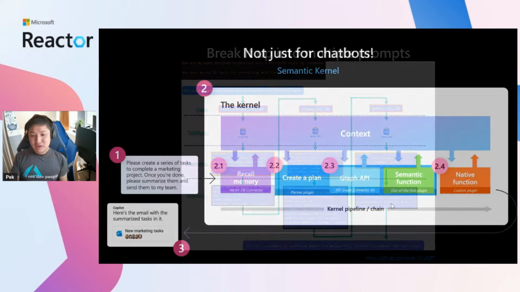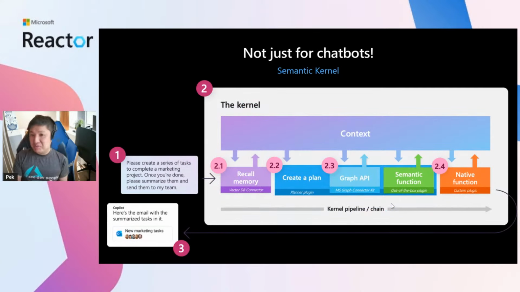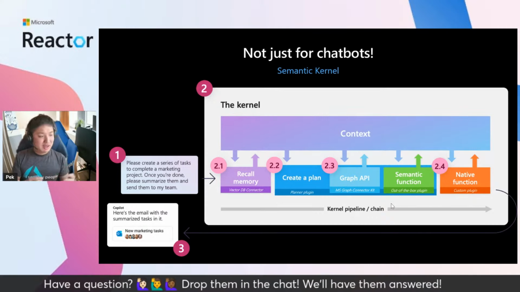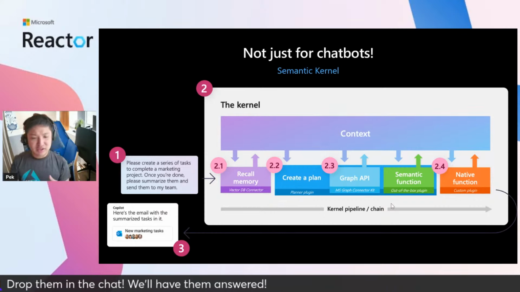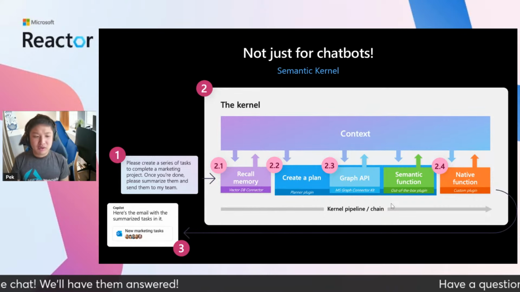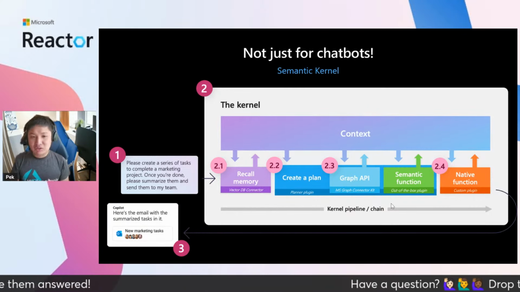Okay. Now, it's not just for chatbots, right? Because of ChatGPT, we're very used to using LLMs for things like chatbots and so on and so forth. But there's a lot of different things that we can do as well, right?